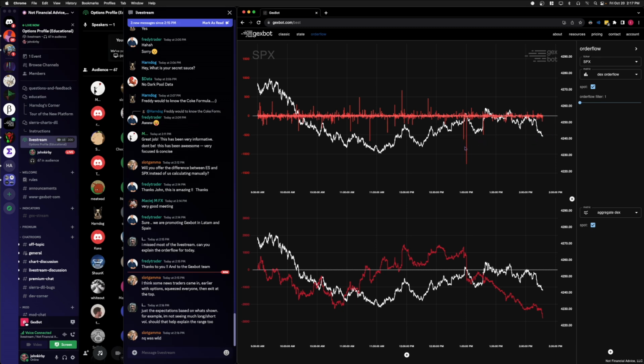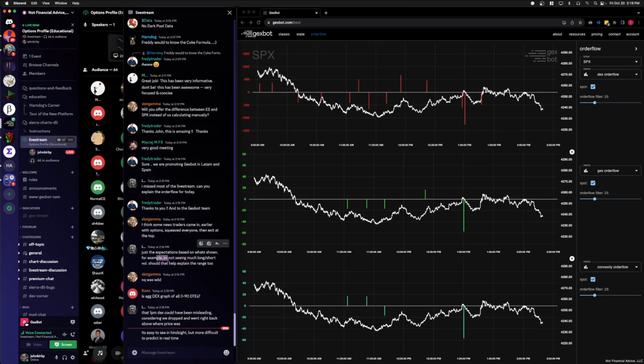And this one right here, 1 p.m., literally on the dot, massive order. Wow. You can see we came up and they just said, nope, not anymore. So this is one case in which aggregate DEX on SPX is doing such a great job.